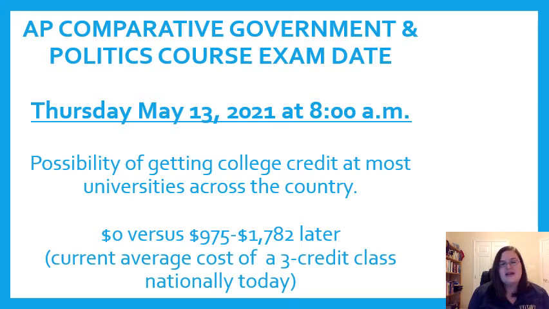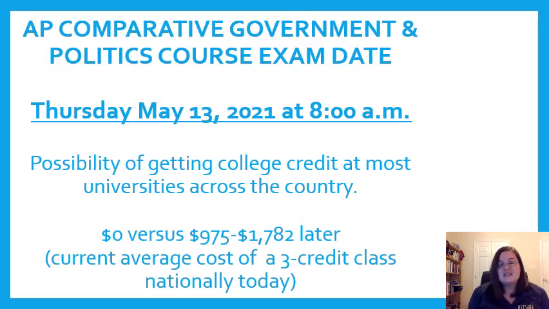The reason why students sit for the AP Comparative Government and Politics exam is that it is that test score of a 1, 2, 3, 4, or 5, so a 5-point scale, that determines whether or not a student is eligible to receive college credit at either community colleges or four-year colleges, not just in Virginia, but across the entire country.